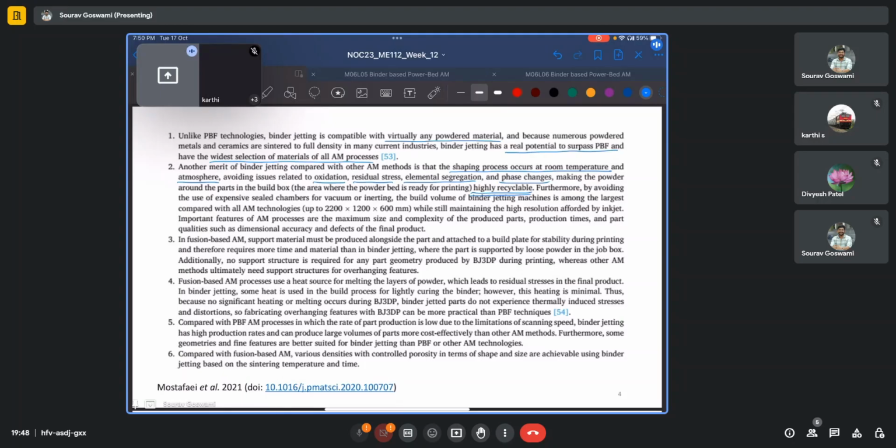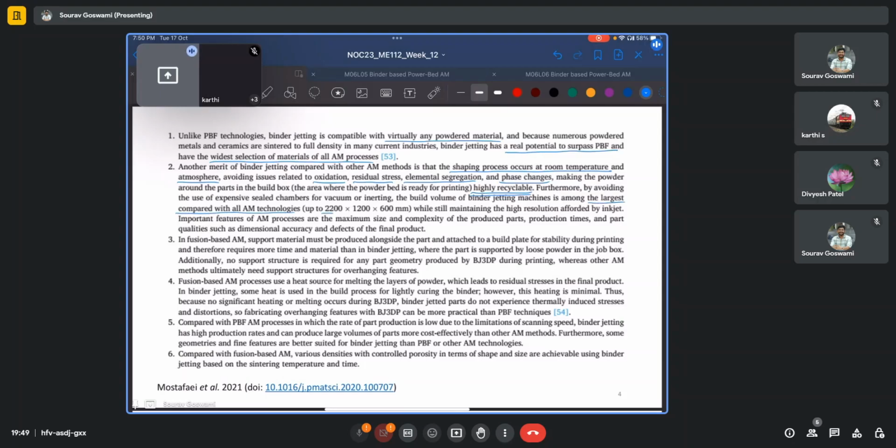Again, because expensive sealed chambers for vacuum are not used, the chamber size can be fairly large. We know that even when you're purging gases, if the chamber size is very large, the gases will simply diffuse away, and we need to maintain very high flow rates. However, here, since we neither have to maintain vacuum nor purge inert gases, the build volume can be quite large, among the largest of all the AM technologies.